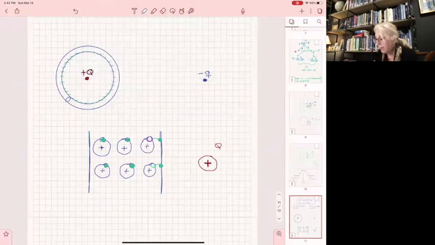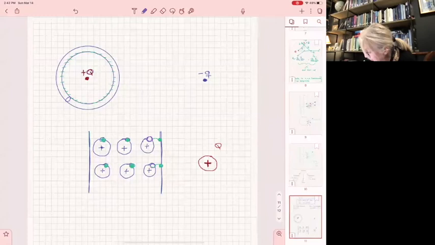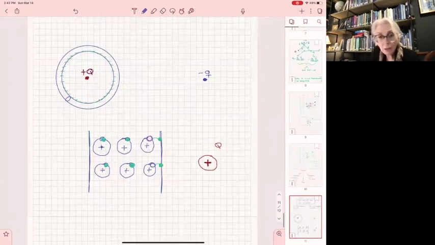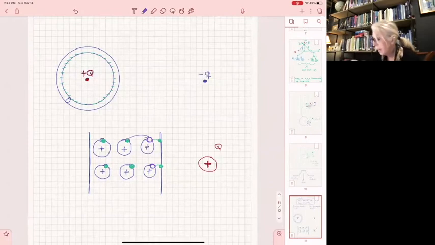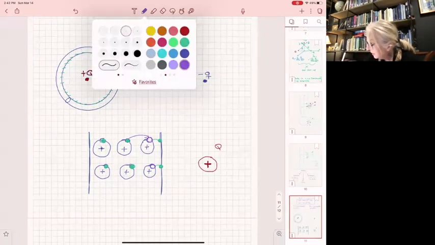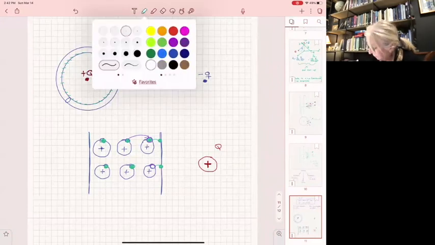Okay, then what happens? From the next atom, this electron also moves and jumps here, and it leaves a hole behind it. Below it, the same, and it leaves a hole behind it.